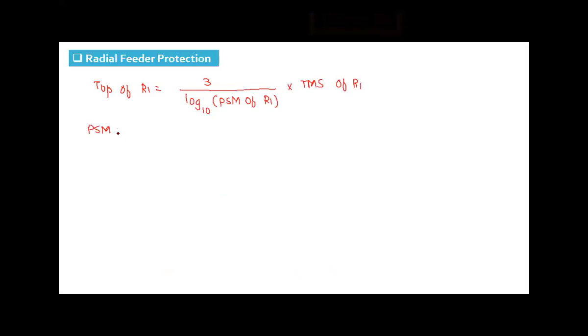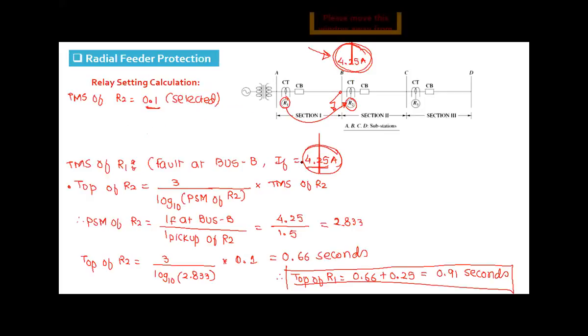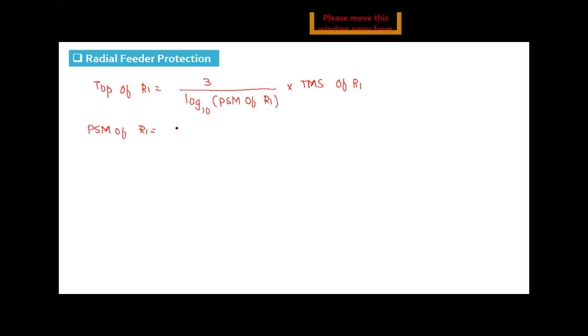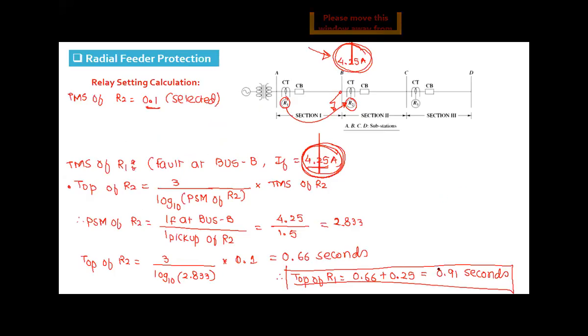PSM of R1 we can calculate. For the same fault current, it should not change in calculation here. It is 4.25. TOP of R1 we have already calculated.